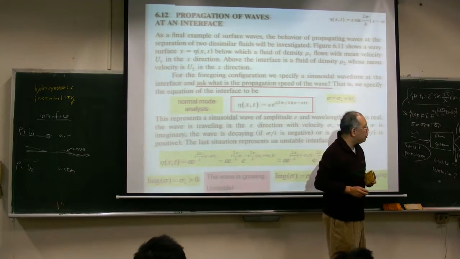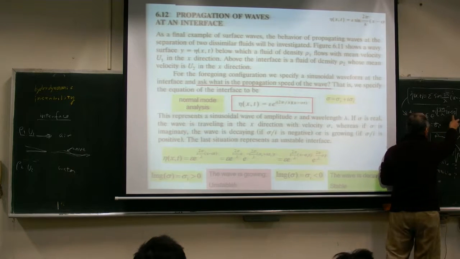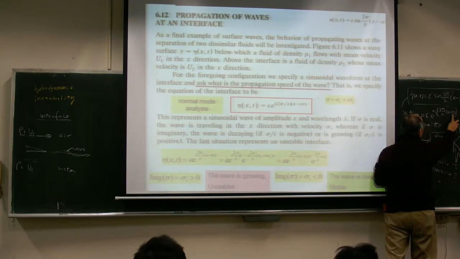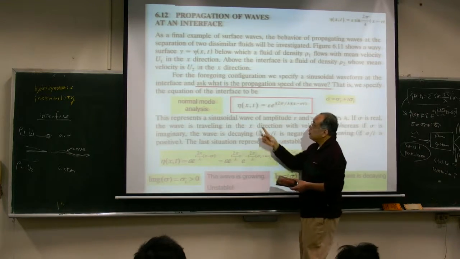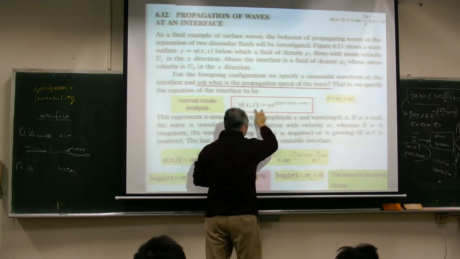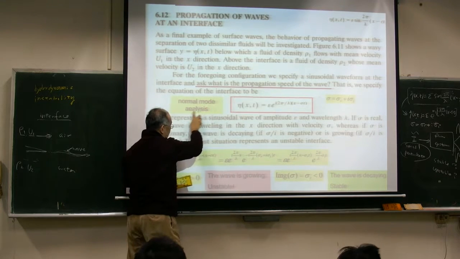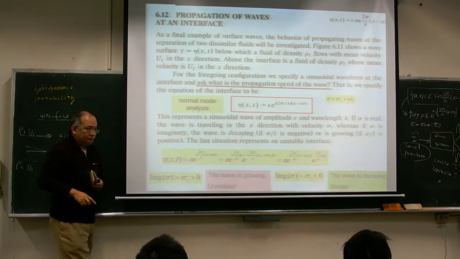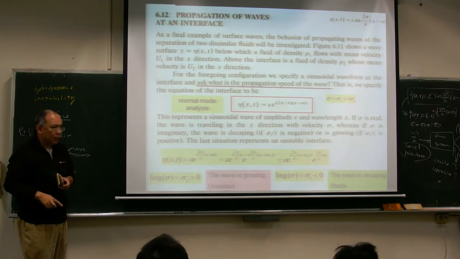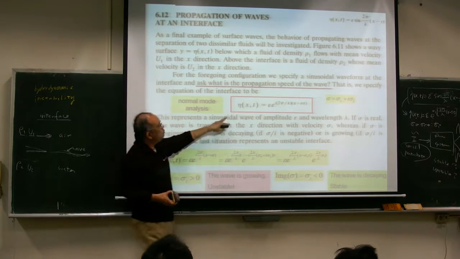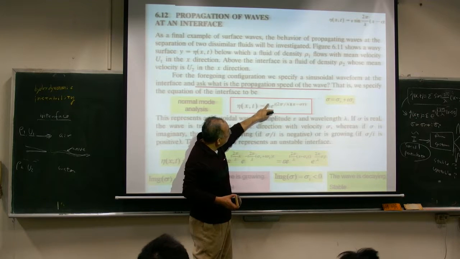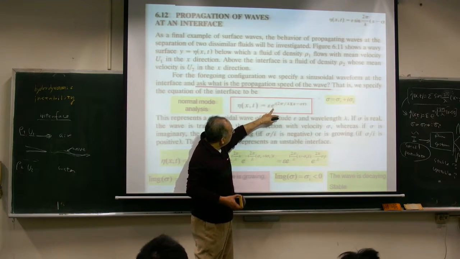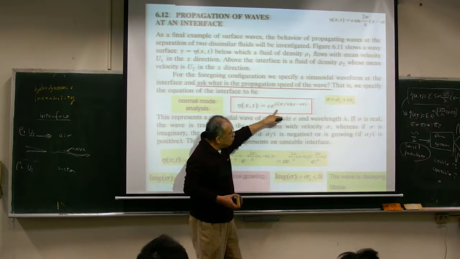I use an imaginary number to represent sigma here, and A is represented this way. We call this normal mode analysis. In the hydrodynamic stability process, we introduce a small amplitude. This epsilon is a very small amplitude, and my waveform will look like this.